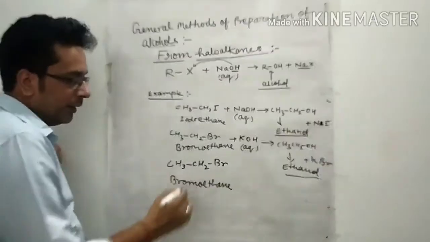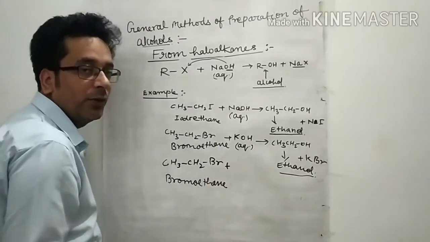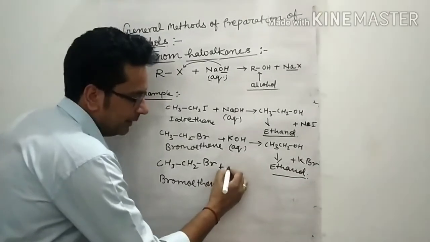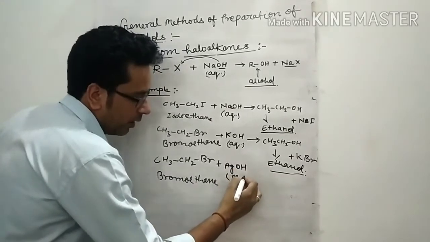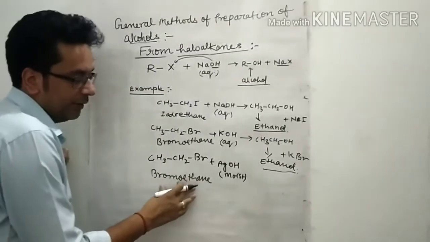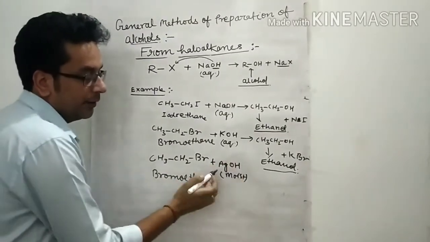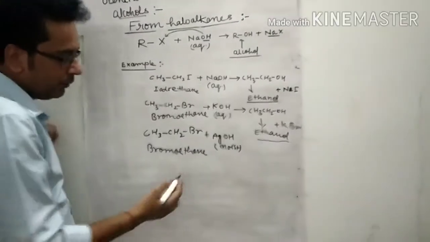Now it also reacts with moist silver hydroxide, meaning AgOH, and it is moist. When we take bromoethane and moist silver hydroxide, it also forms alcohol.